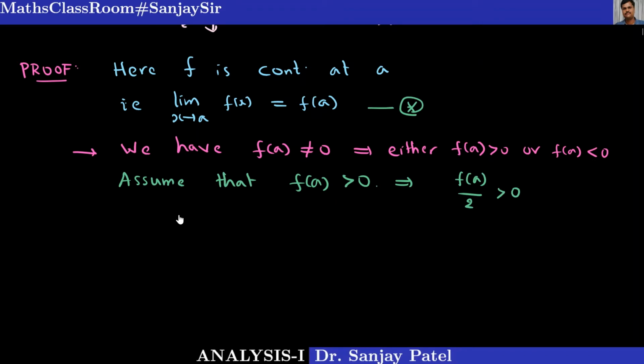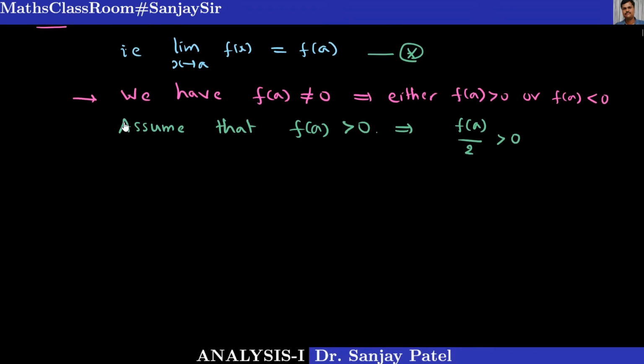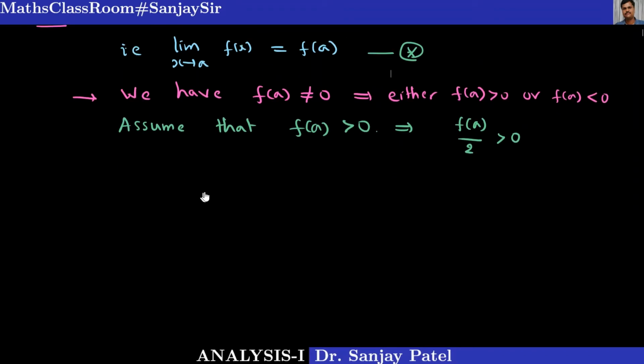What I will do next is use this fact, that the limit of the function f of x as x tends to a is f of a, and use the definition of the limit of the function.